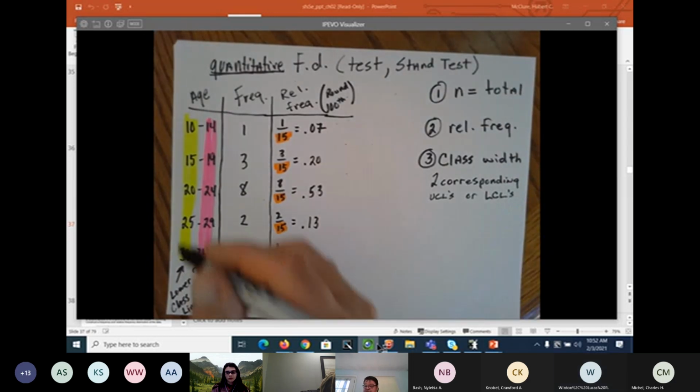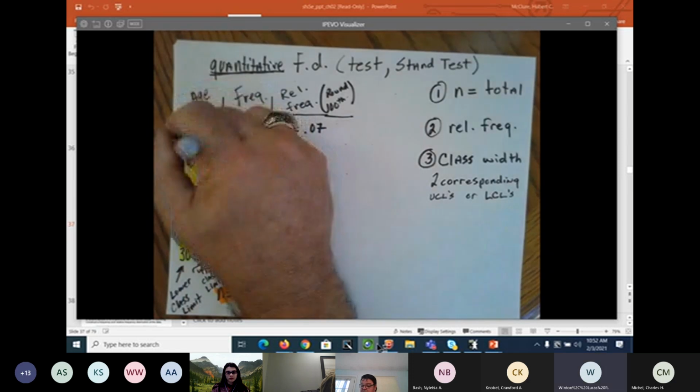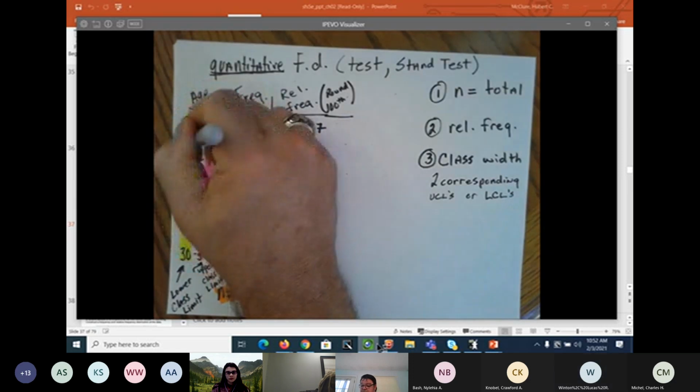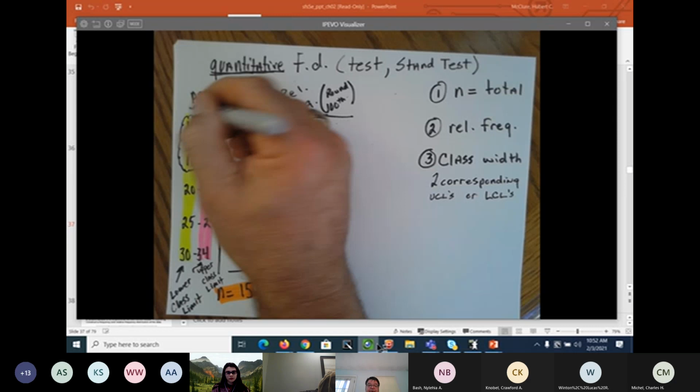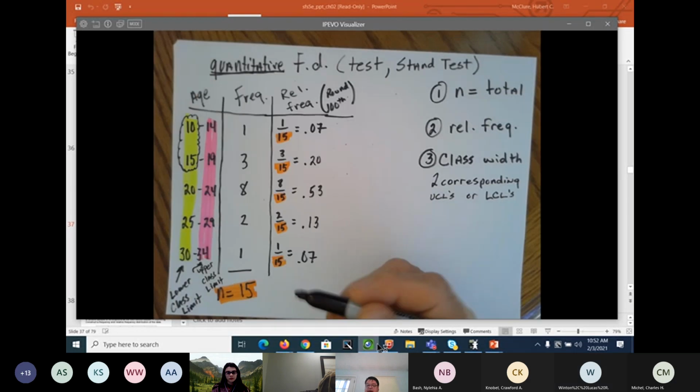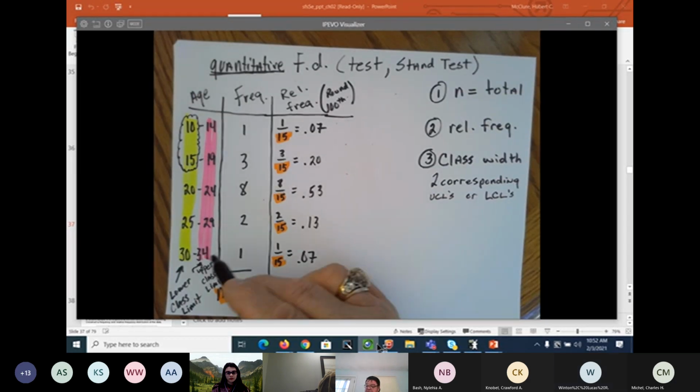I always pick these two right here. Now, you don't have to pick those two. If you're a rebel, you pick 34 and 29, or you pick 25 and 20. I always pick these two, and you subtract them.